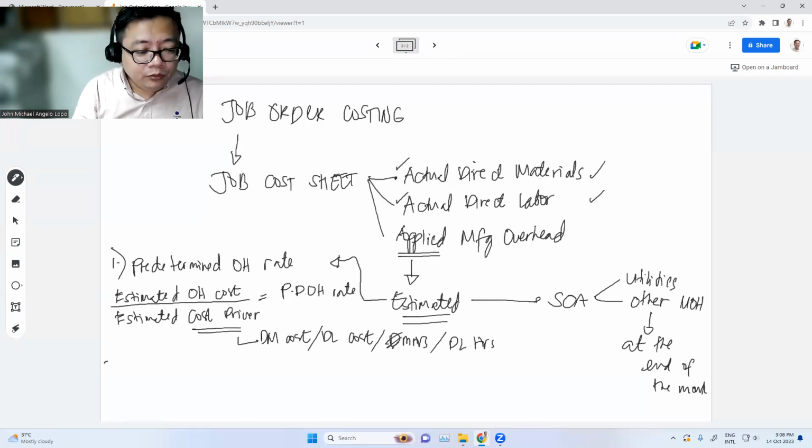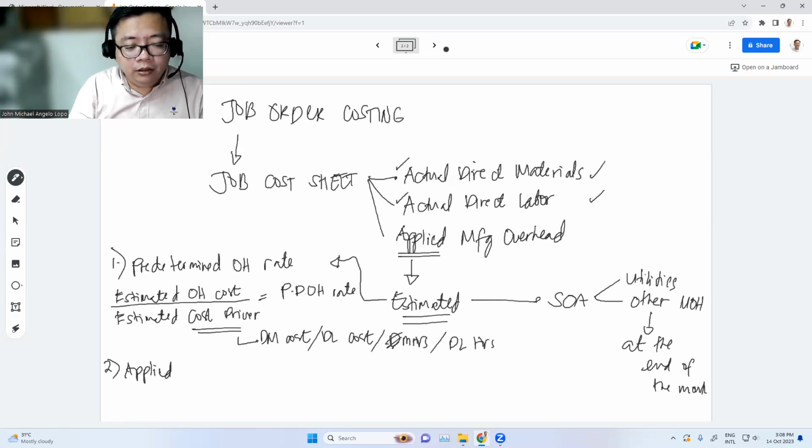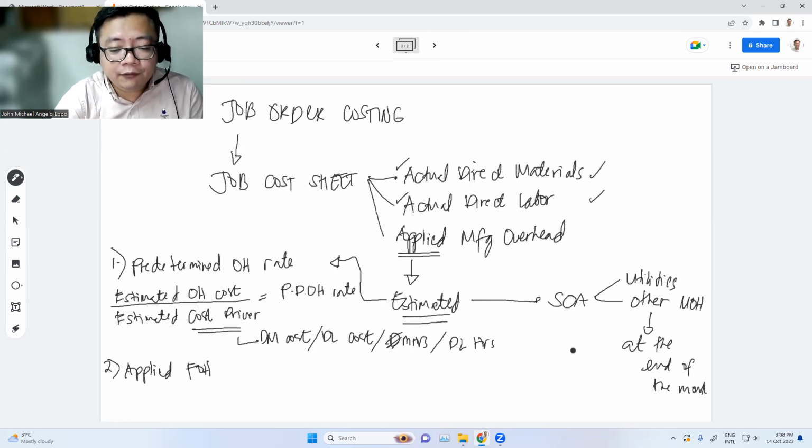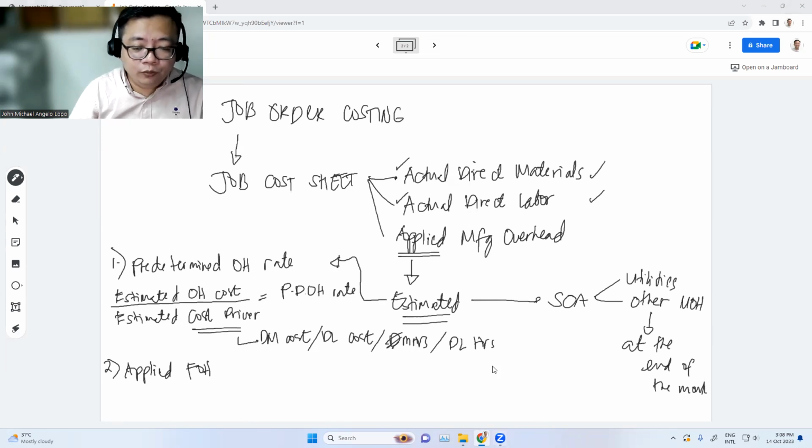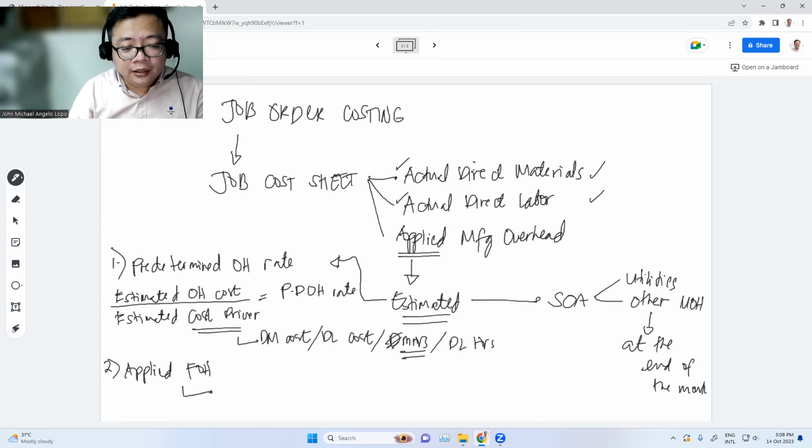Okay. And number 2, we compute na for our applied manufacturing overhead. How do we do that? If, halimbawa, in the estimated overhead cost, we use machine hours, the formula here is that your predetermined overhead rate, just multiply it by your actual cost driver.